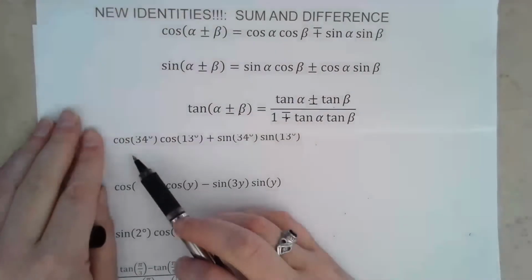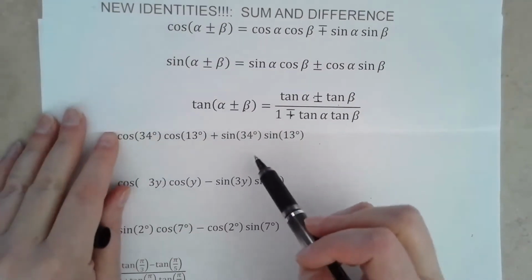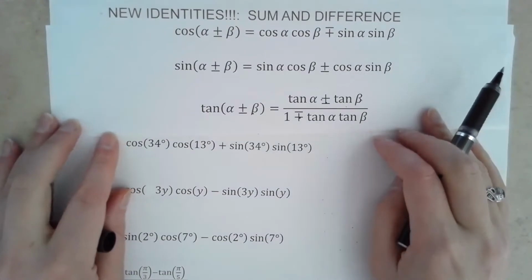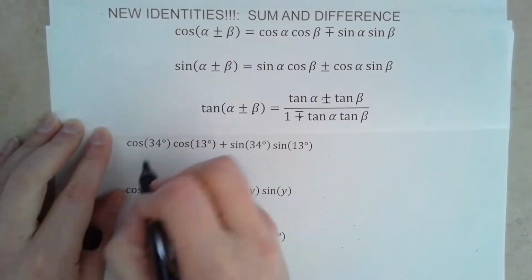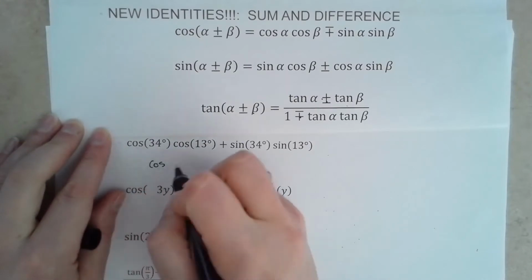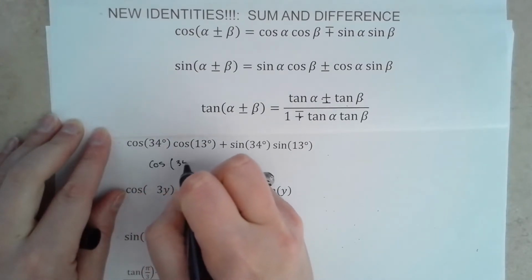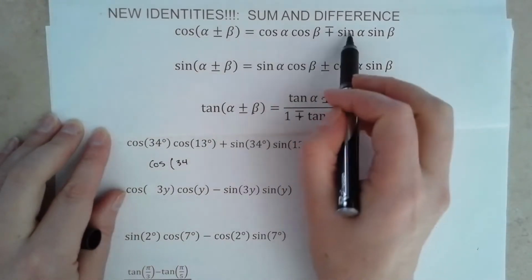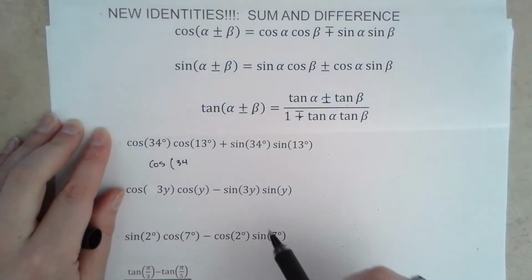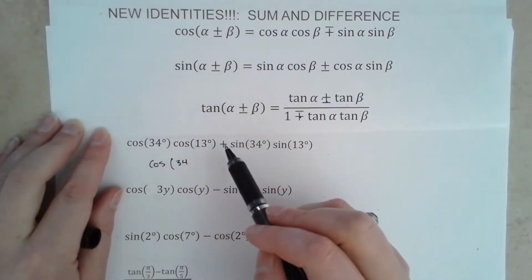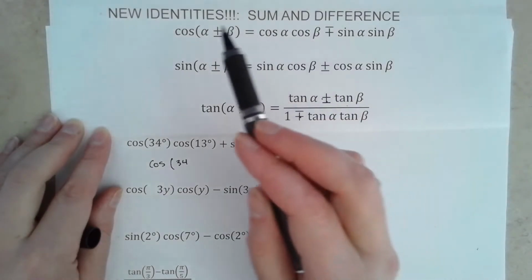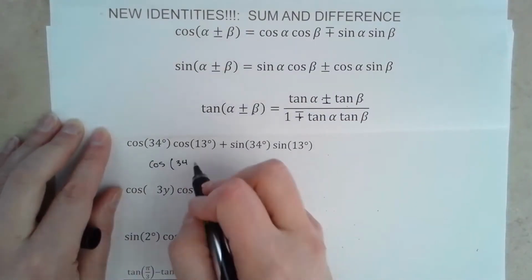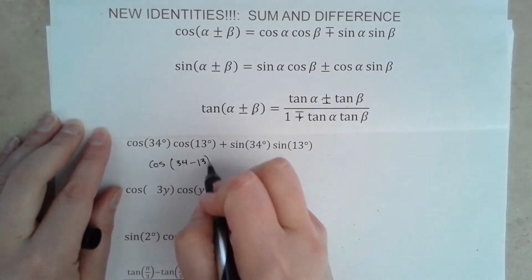So we have cosine, cosine, sine, sine, which tells me I am dealing originally with a cosine situation. So this would be cosine of 34. That's going to be my alpha because it comes first. And if you notice, this is plus. If this is plus in here, then it has to be a minus originally, minus 13.